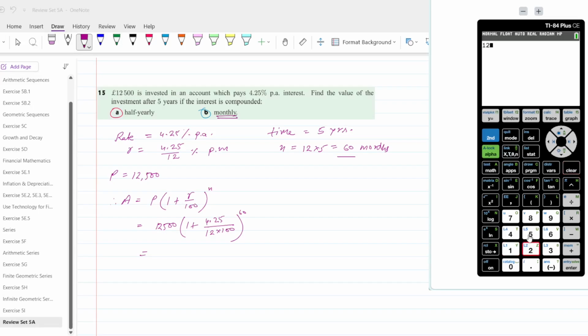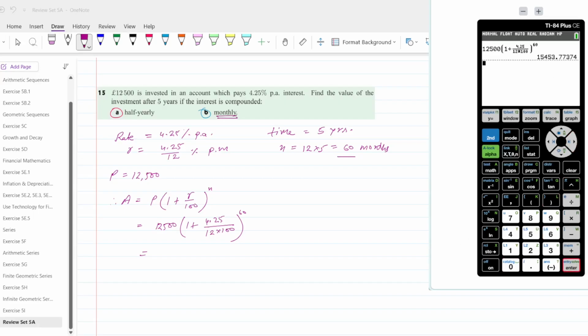So this becomes 12,500 times (1 + 4.25 divided by 12 times 100) raised to the power 60.